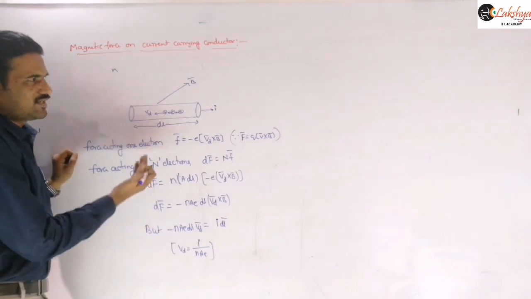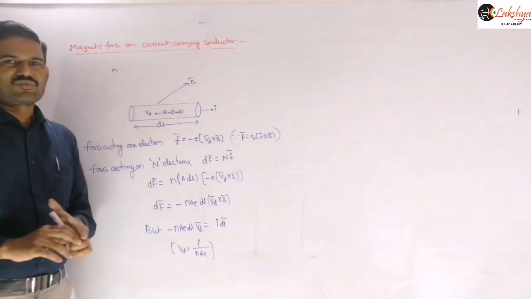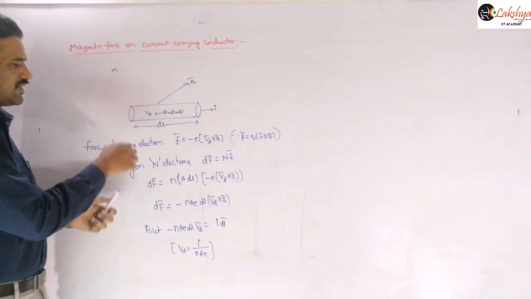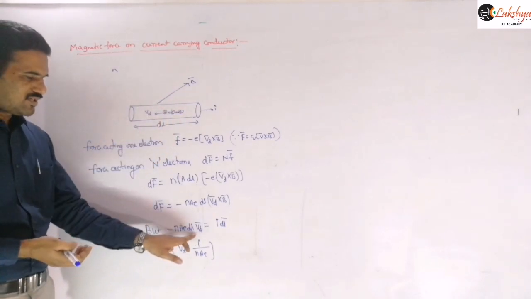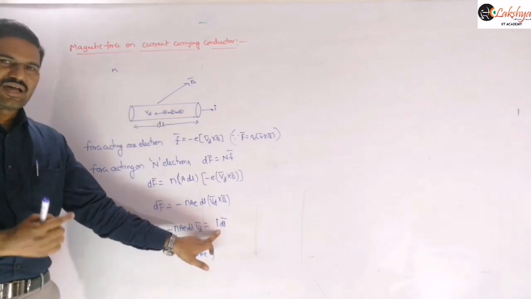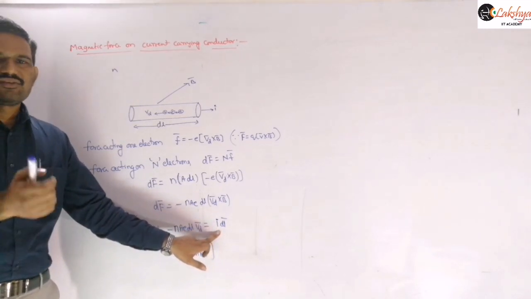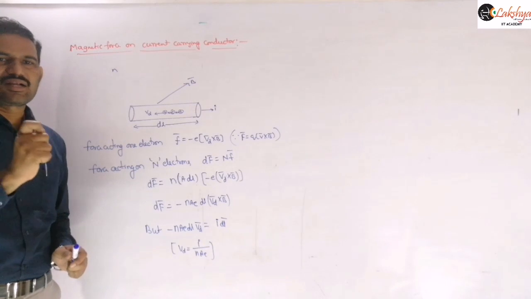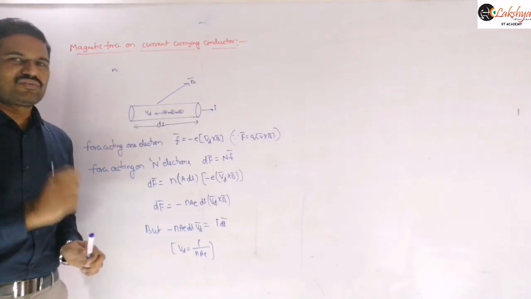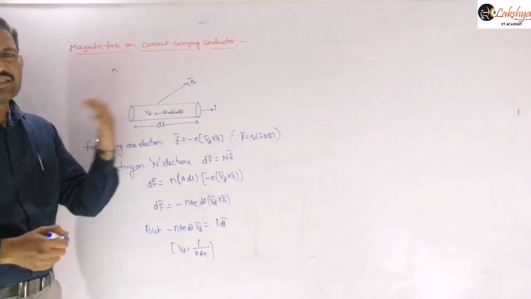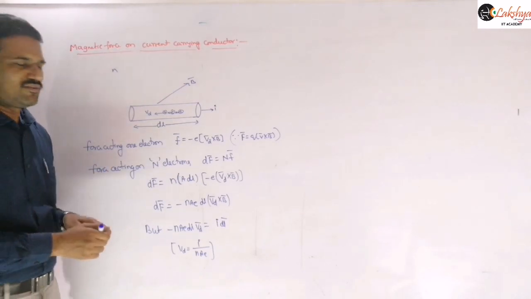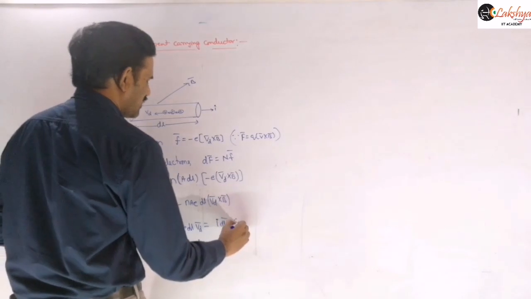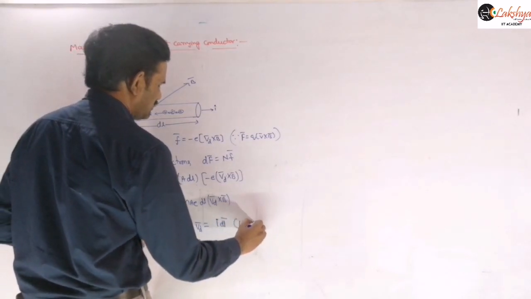Because in a current carrying conductor the charged particles are only electrons, for electrons Vd and I bar are opposite each other. So this vector we can replace as I into dl. So I into dl is nothing but the current element. The direction of the current element is in the direction of current. Its magnitude is equal to I times dl, the length of the small element here. So this is our current element.